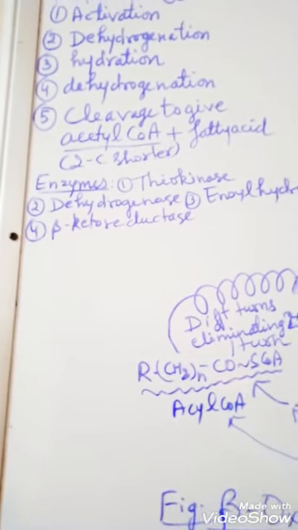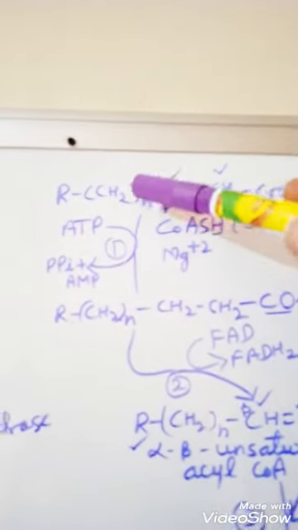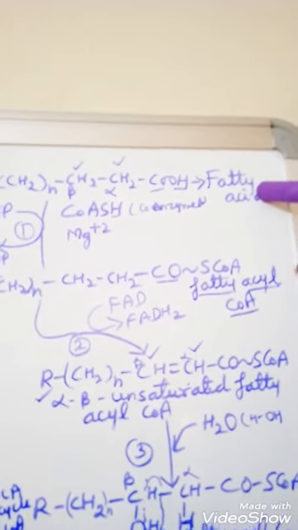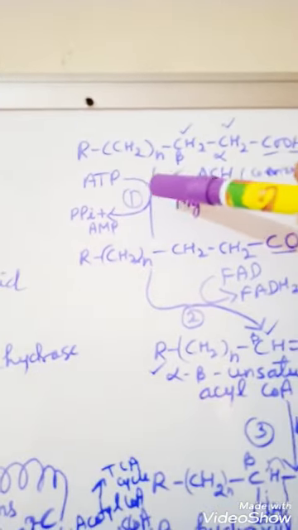Coming back to the spiral of beta oxidation, here we could see the fatty acid obtained after the hydrolysis of triglyceride, and the first step is activation.